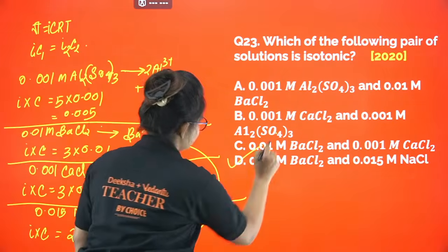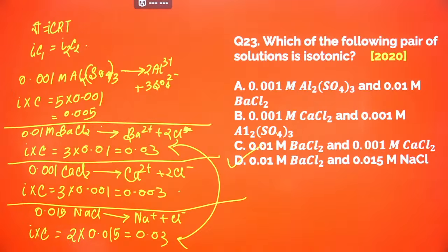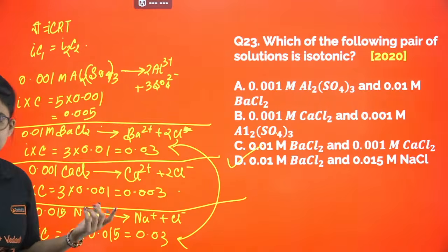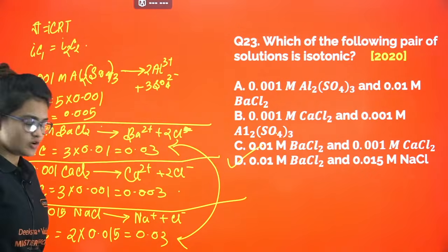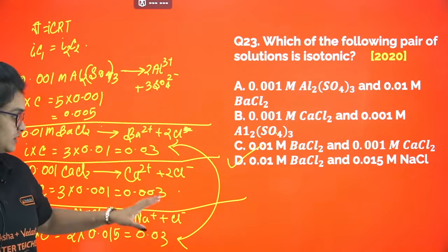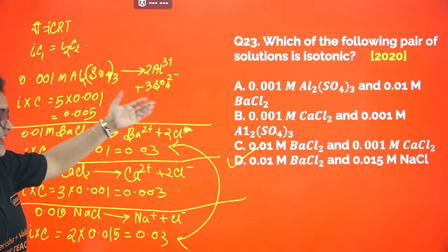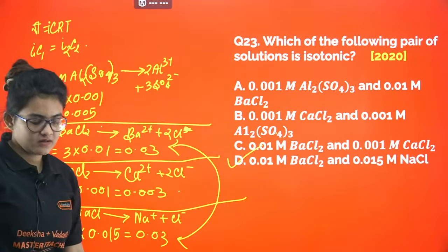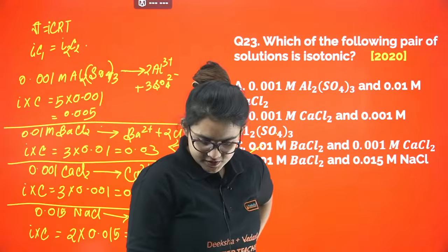Means option D is the correct one. They are isotonic to each other. I guess it's clear to you. Whenever solutes are ionizable, please make sure that you take the i value as well. Don't forget. Let's proceed.